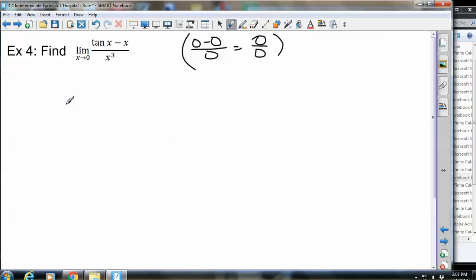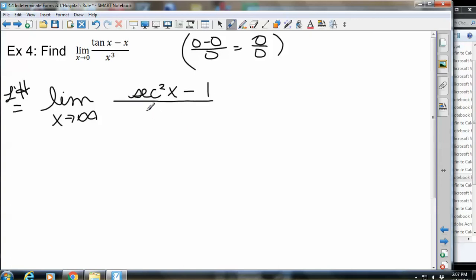Well, I was kind of confident until you said, I don't know. So then we can do L'Hopital. Alright, derivative of tangent minus derivative of x over derivative of x cubed, which is 3x squared.